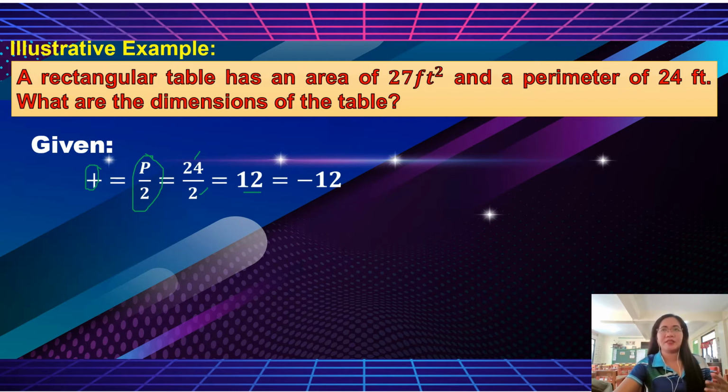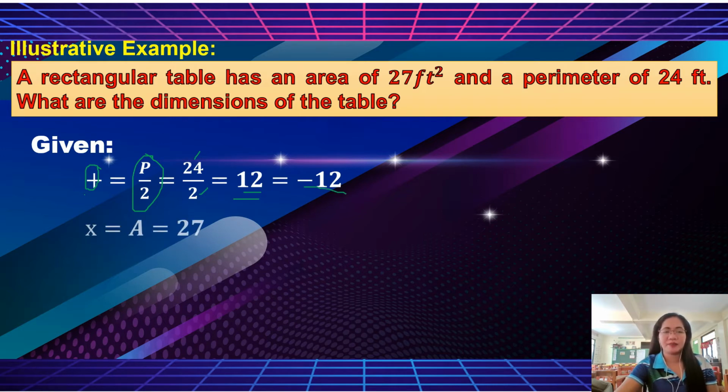And to recall, when rewriting the given sum and product of roots into its quadratic equation, we change the sum of roots to its opposite sign. So positive becomes negative.